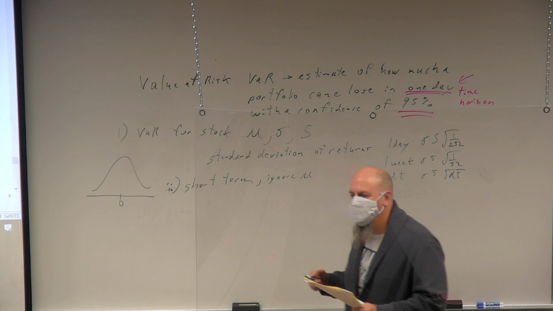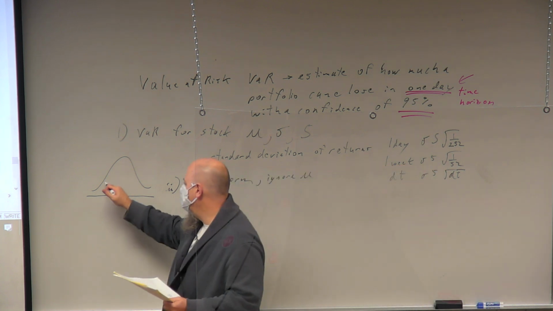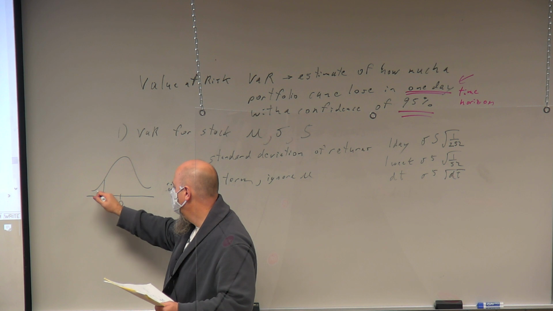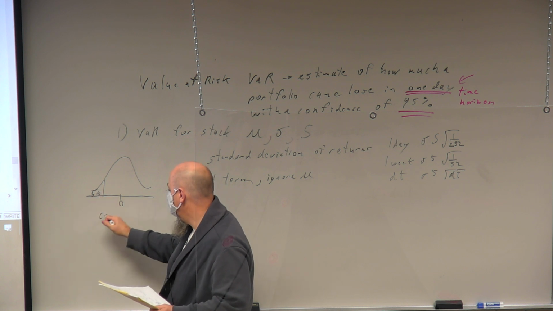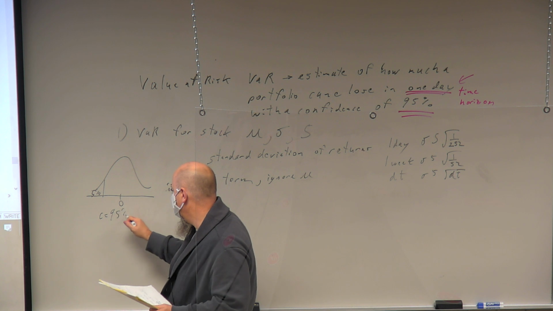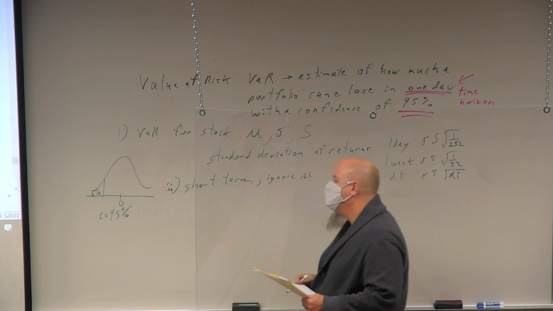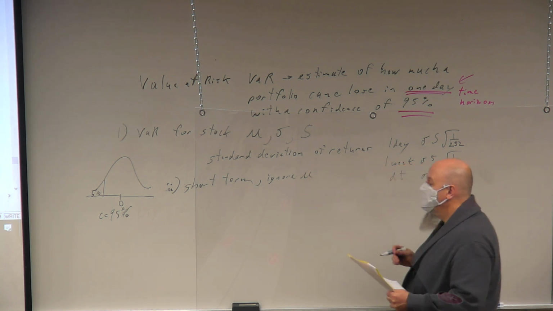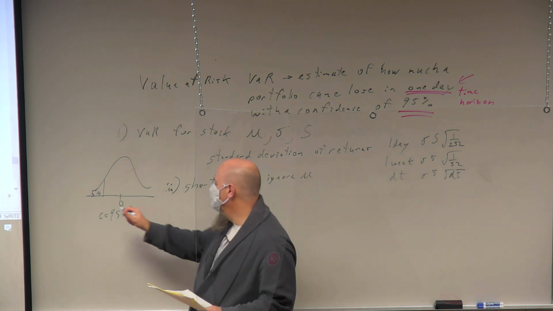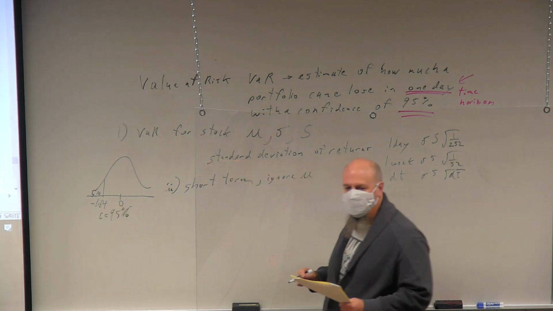I'm thinking about the drift rate as 0. So if I want to talk about 95% sure, then 5% here is in the tail. If the confidence level is 95, I don't want to say confidence interval, that's a stat term. If I want to be 95% confident, then that corresponds to a Z score of minus 1.64.